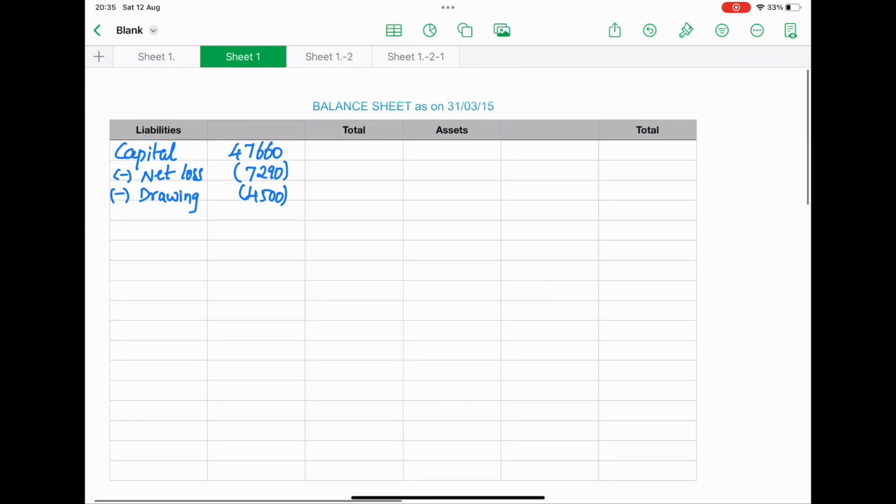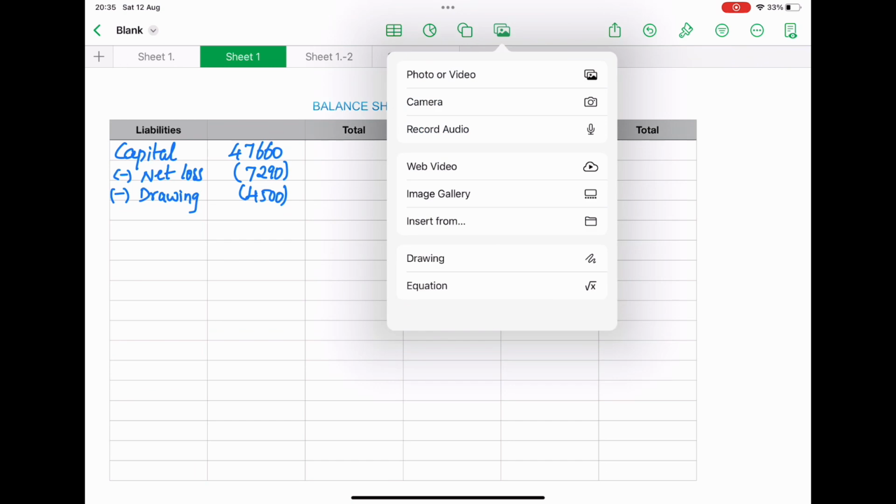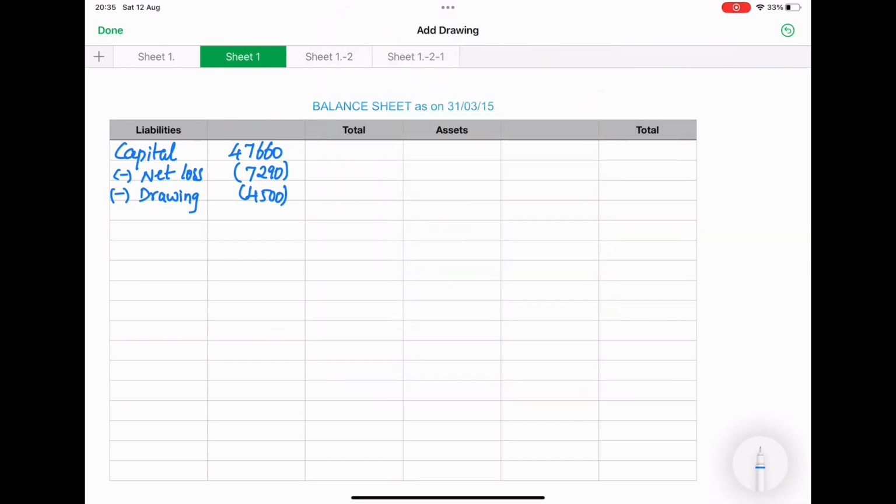So if you deduct, 47,660 minus 7,290 minus 4,500, we will get 35,870. This is the total. Next we have sundry creditors. Total sundry creditors 30,650. No other liabilities, only capital and sundry creditors they have given.